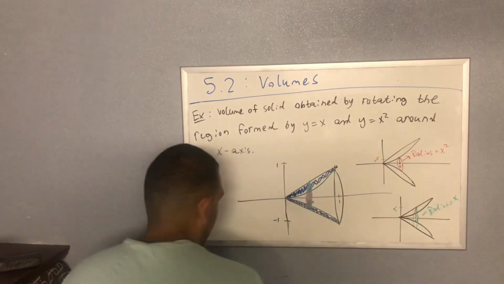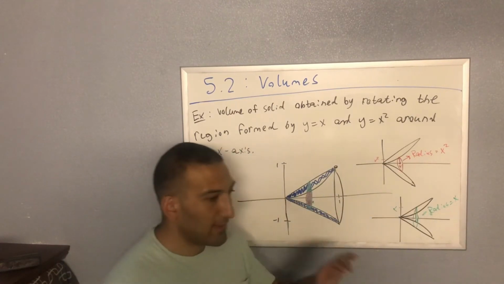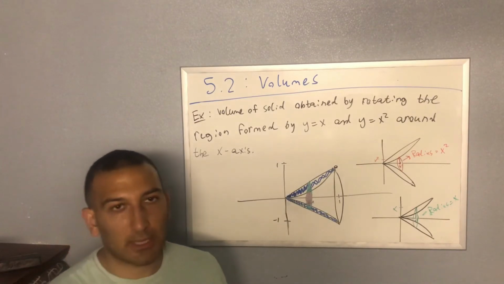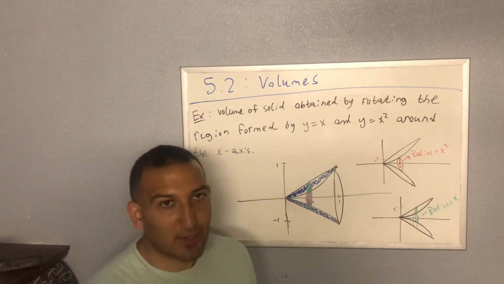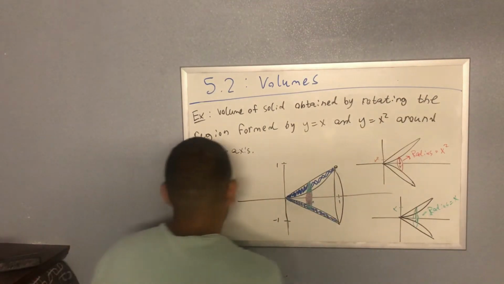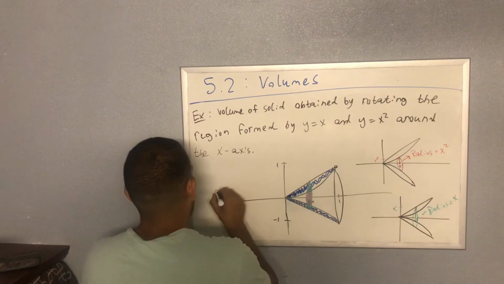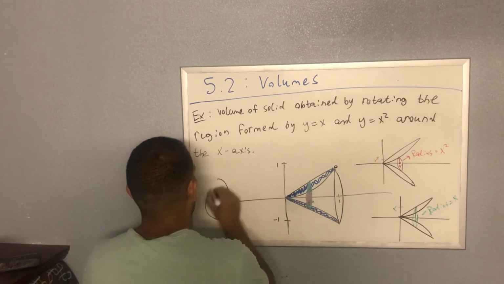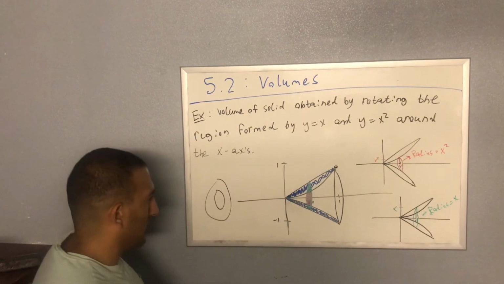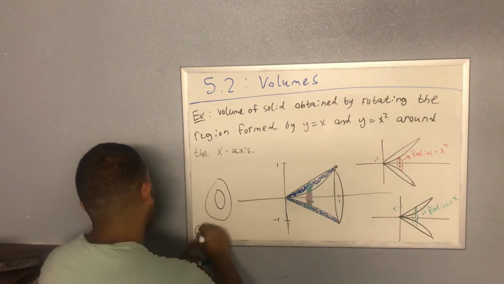So instead of having a disk as my cross section, you get what's called a washer, like a washer from regular life. A washer is like this. The inside is missing here. So the cross section is actually a washer.